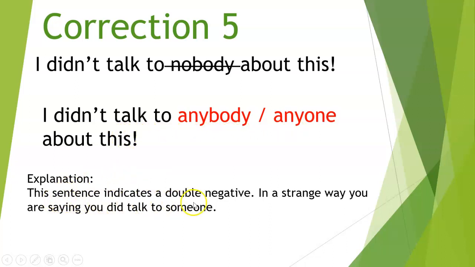This sentence indicates a double negative. In a strange way, you are saying that you did talk to someone. So this is what you're saying. When you say this sentence, you are saying that you did talk to someone. So we need to say, I didn't talk to anybody or anyone about this.